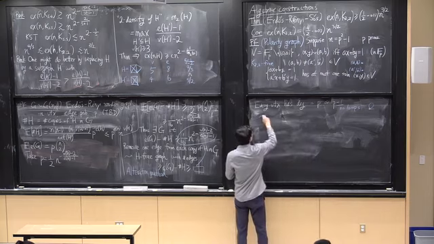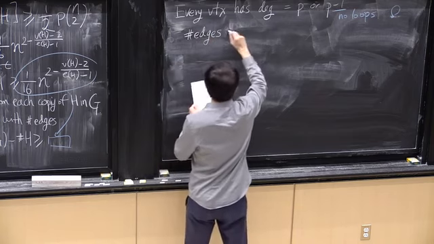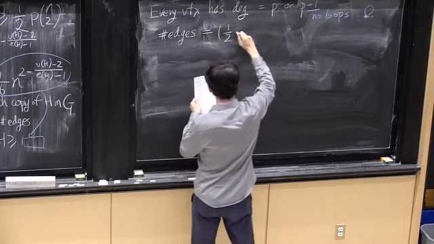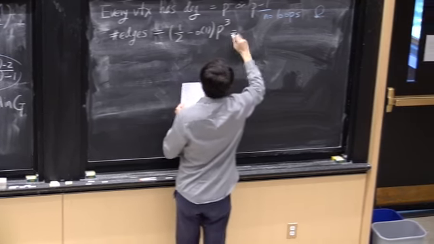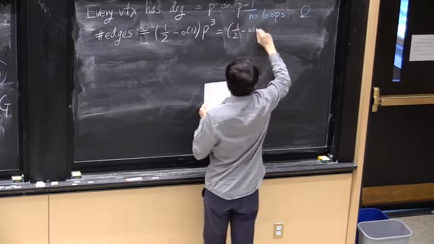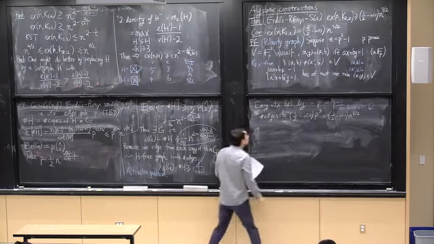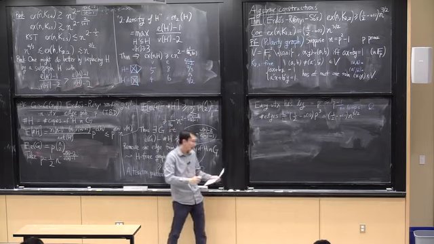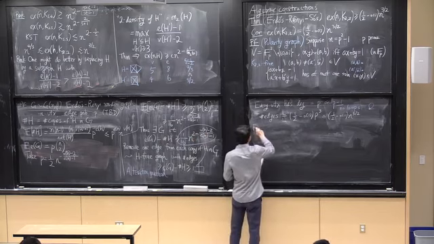Therefore, the number of edges is equal to the claimed bound. Okay, so this finishes the proof in the case when n has that special number-theoretic form. But we can extend to all values of n.